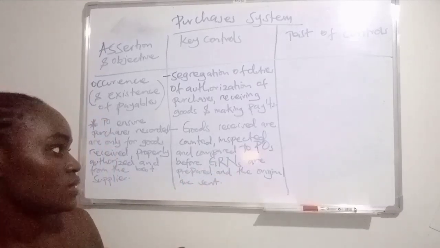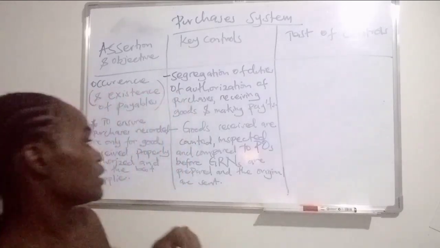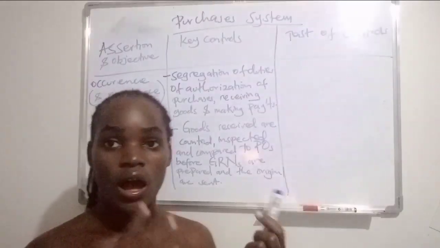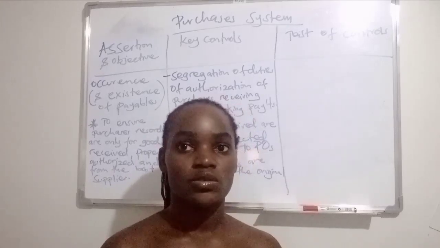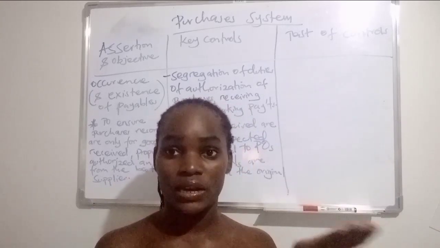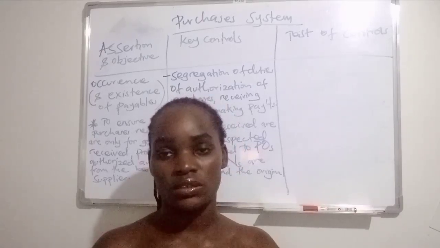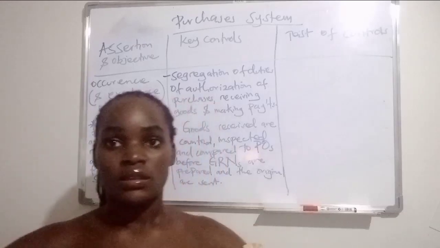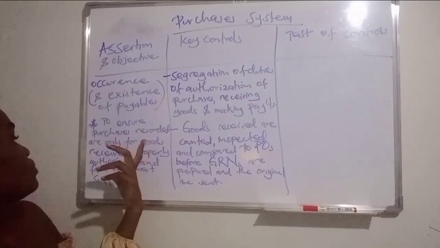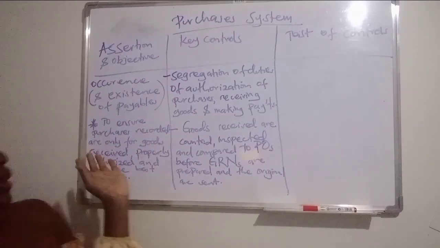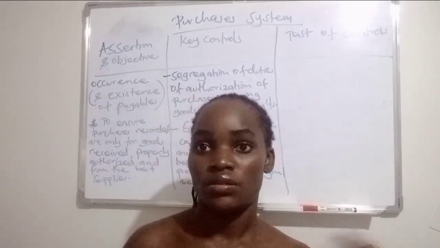Management has to make sure that the goods they receive are counted, inspected, and compared to purchase orders to make sure that they match. You have to see that there is no difference before they prepare the goods received notes. This will help them ensure that the purchases recorded are only those that were received.